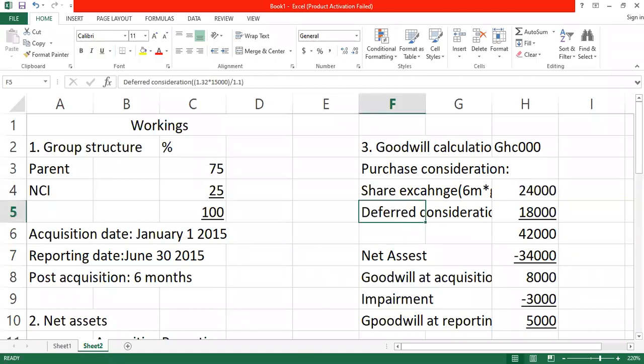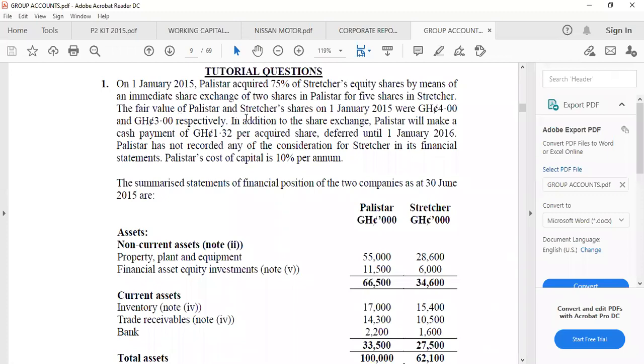Okay. Let's come to the deferred consideration. For the first one, the consideration is the number of shares that the parent is trading for the subsidiary, times the equity, the shares in issue, then times their percentage.